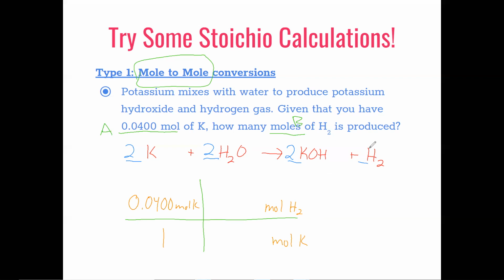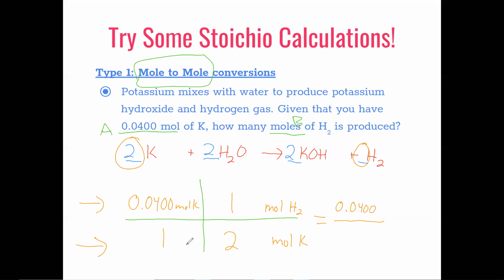So here, we're looking for this number, and we're looking for this number. Now this one is blank, so that's going to be for every 1 mole of hydrogen, we are using 2 moles of potassium, okay? And then we're going to multiply straight across on the top, multiply straight across on the bottom.